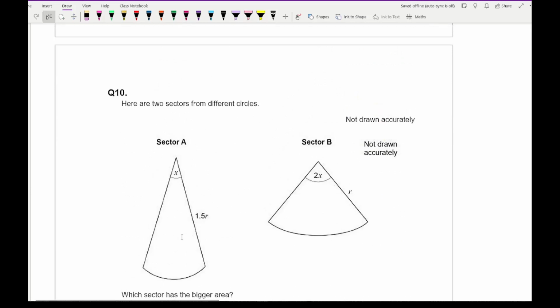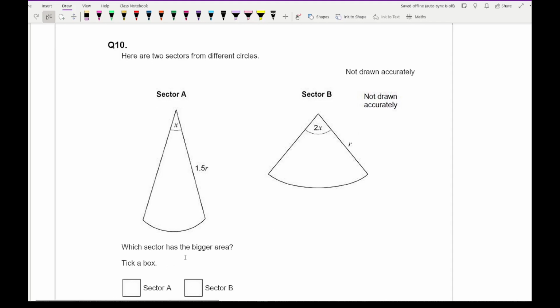Then moving on to question 10, it says that there are 2 sectors from different circles. We've got sector A and we've got sector B, and it says which sector has the bigger area. So for this, looking at the area of A, that's going to be theta, which is x over 360, multiplied by pi times 1.5 r squared.